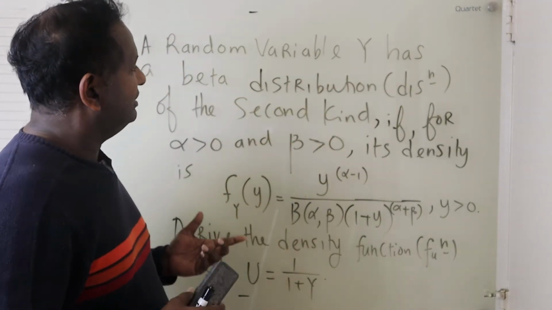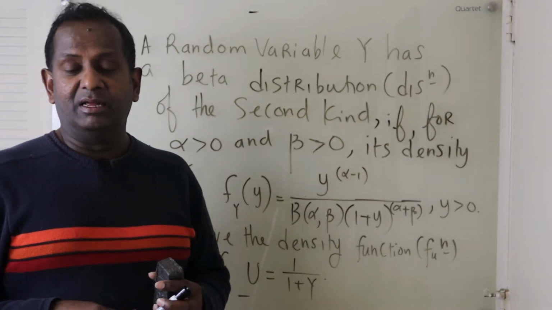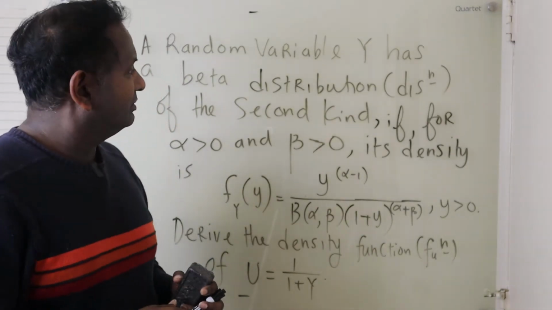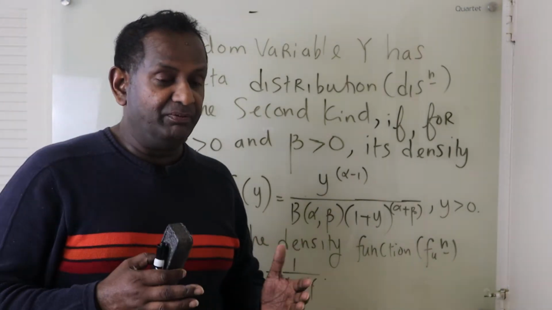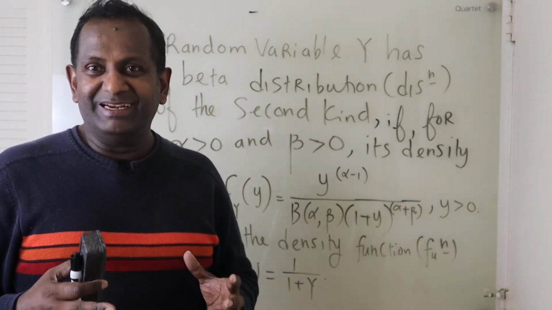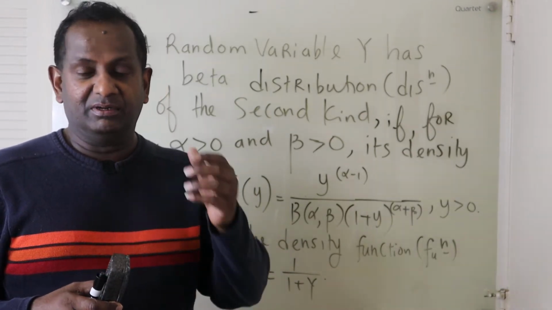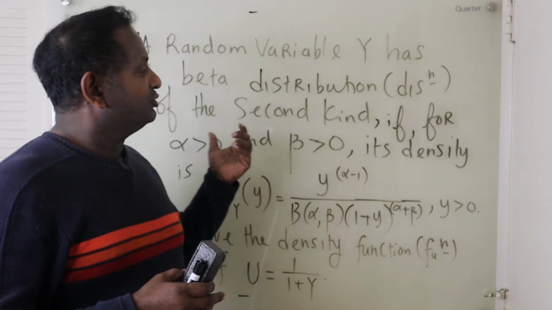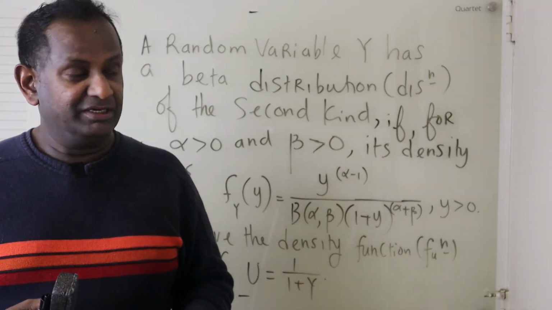Beta distribution is one of the distributions available in statistics, and it goes from 0 to 1. Its domain is always 0 to 1, so it can even be used to model a CDF. A CDF is also a probability, and probability always goes from 0 to 1.